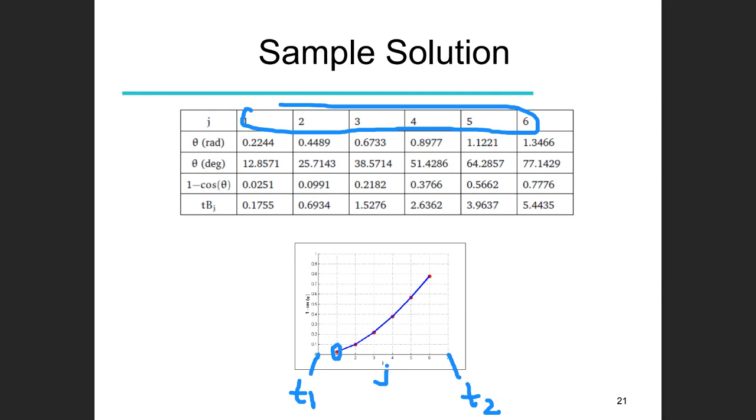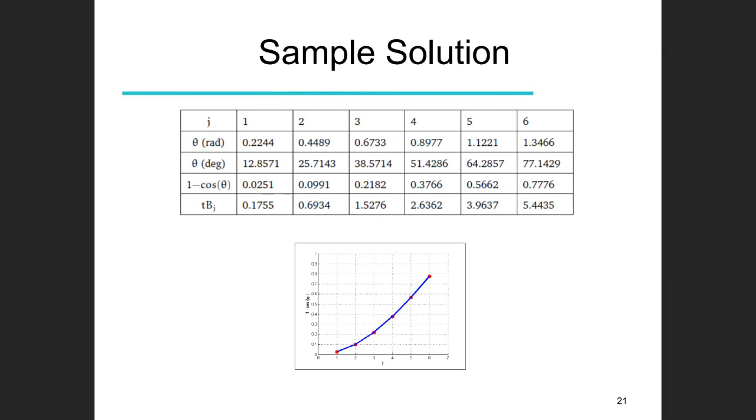So actually what we are plotting here, let me erase this. When j is equal to 1, we take this 1, and the value of 1 minus cosine theta comes to 0.0251. So this point is showing this value, and this point is showing this value when j is equal to 2.